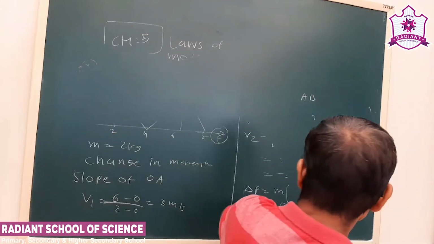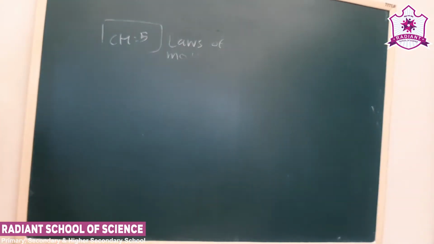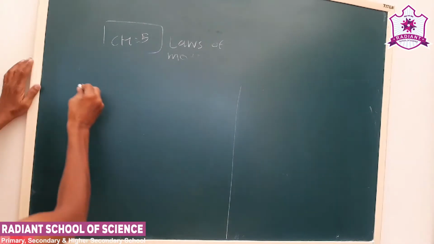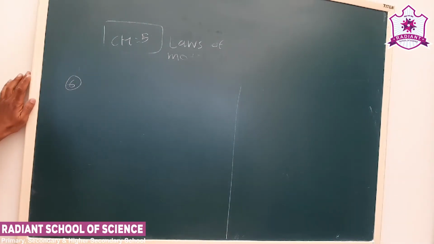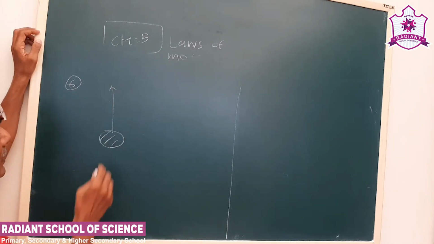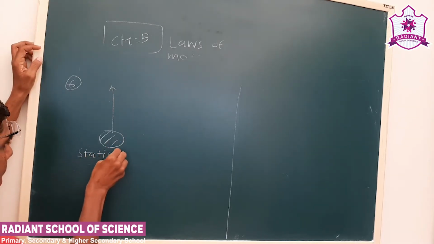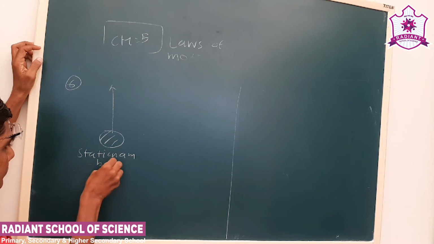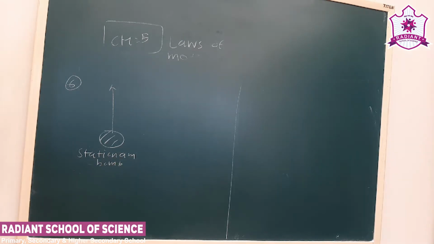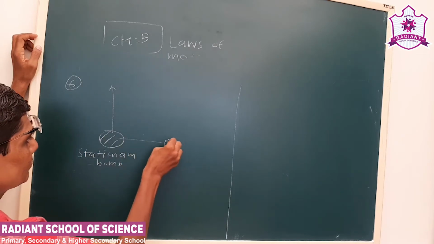Now see our next MCQ. A stationary bomb explodes and is divided into 3 parts.